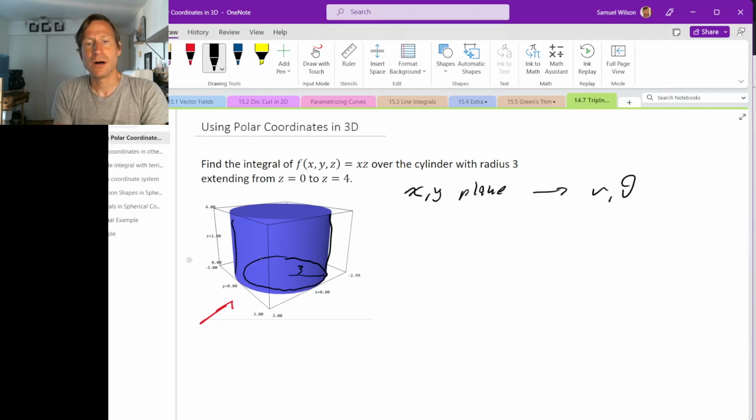So to describe this region using this setup, well, in the xy plane, our radius goes from 0 out to 3, so we'd have 0 less than or equal to r less than or equal to 3, and then the angles that we need to cover the circle that is the base of this cylinder is from 0 up to 2 pi, so theta is going to go from 0 to 2 pi.